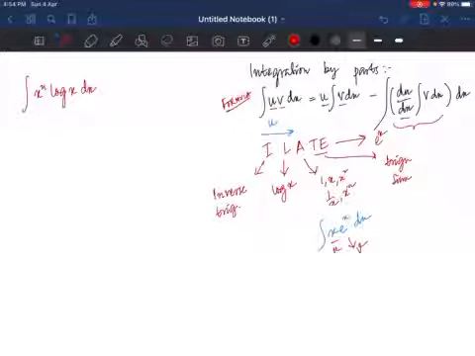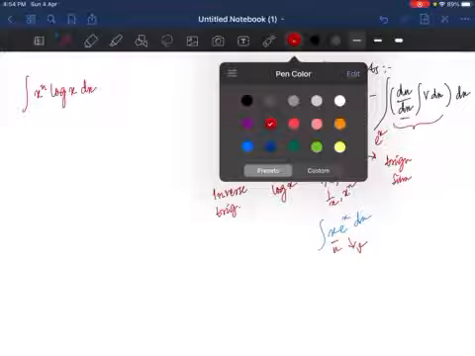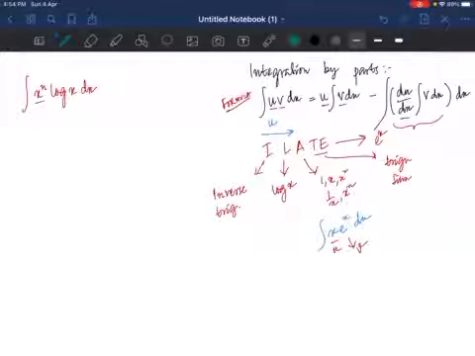So this is how we select u and v. In this question, x to the power n is algebraic, and log x is a logarithmic function, but the log function comes before A. So log x will be my u and x to the power n will be my v.